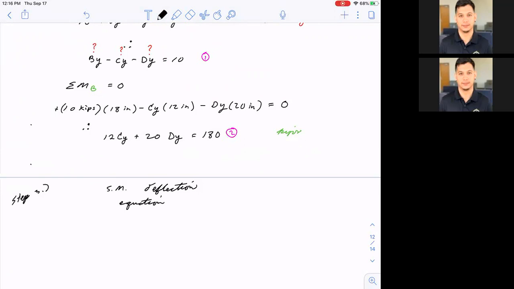But we don't have any temperature change, so we could say that the deflection is equal to PL over EA.